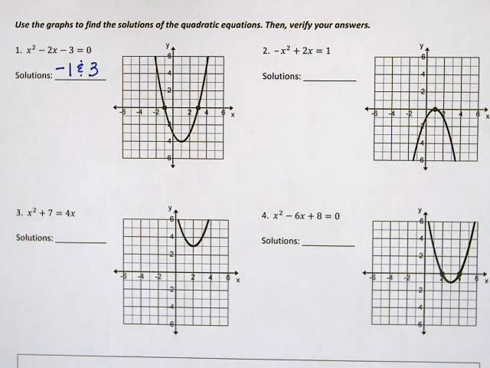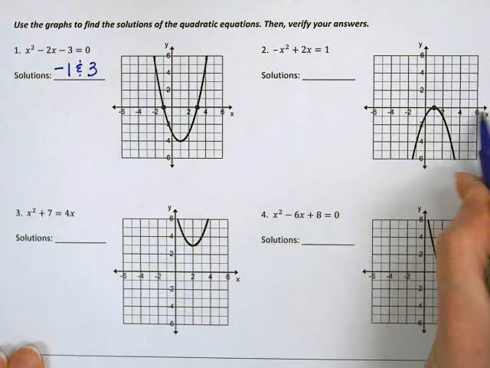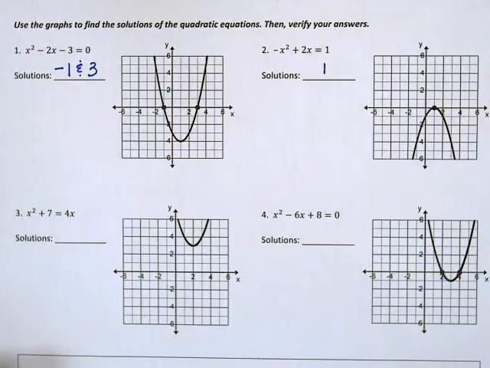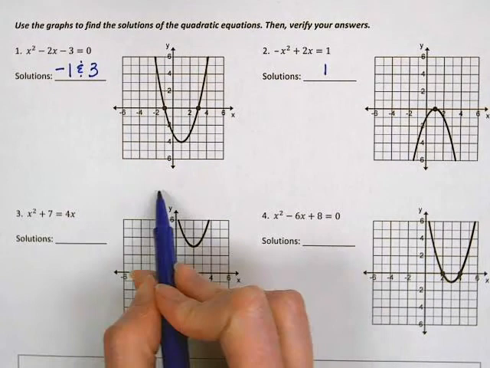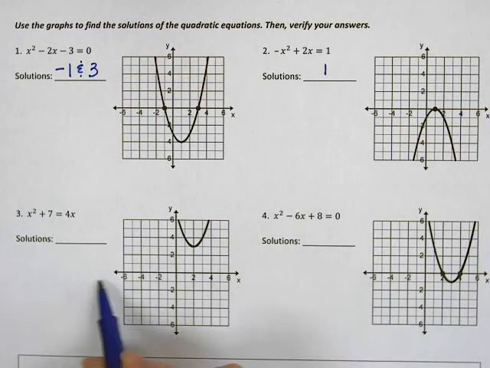Number 2, where does the graph cross the x-axis? The graph crosses the x-axis right here at 1. So the solution is 1. Now, number 3, you look and you say, okay, well, this U actually does not cross the x-axis.